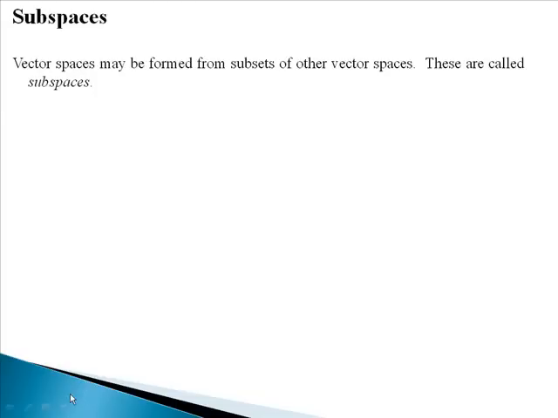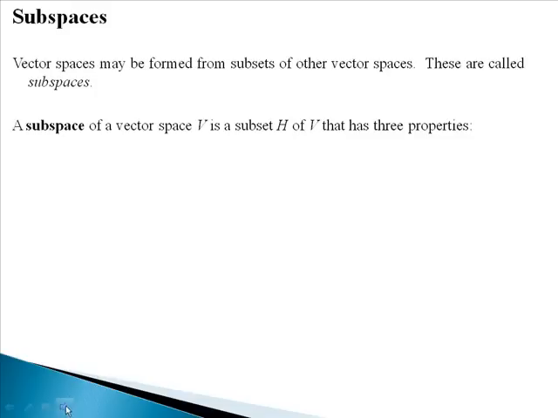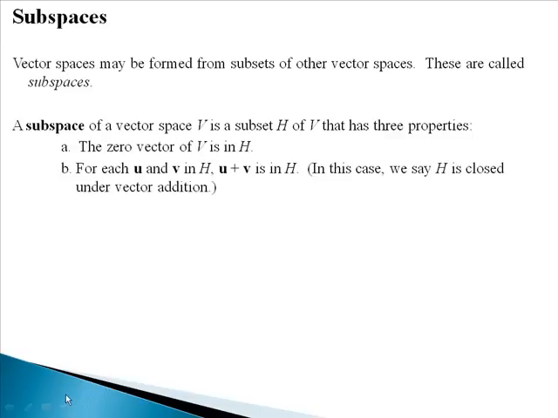Vector spaces may be formed from subsets of other vector spaces, and these are called subspaces. A subspace of a vector space V is a subset H of our original space V that has the following 3 properties. The 0 vector of the original space is in the subset. For each U and V in H, the sum is also in H. In this case, we would say that H is closed under vector addition.